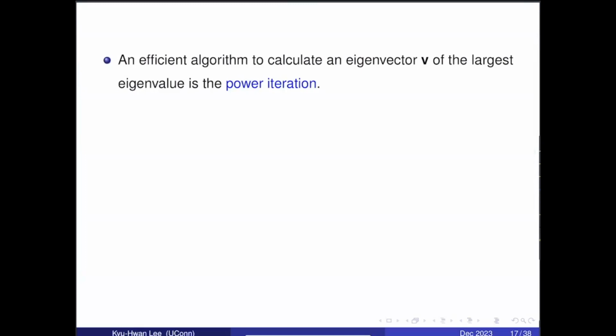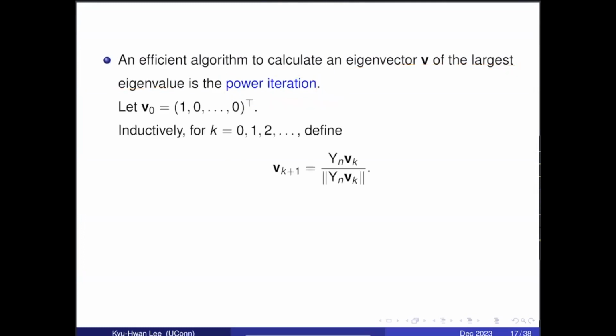And here the problem is how to compute an eigenvector of the largest eigenvalue. That's a problem. But there is a very efficient algorithm called the power iteration. The algorithm is simple. Choose one vector. It can be a random vector, but we may choose 1, 0, 0, 0, 0, 0, the first standard vector, as the initial vector.